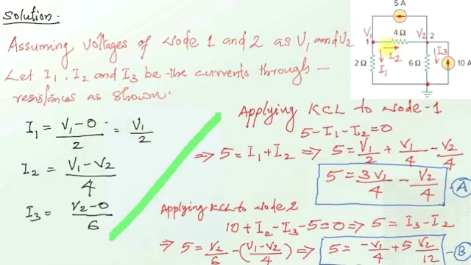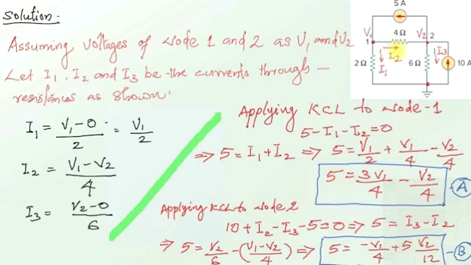Similarly, I2 is flowing from node 1 to node 2. So I2 is given by the potential of this point, that is V1, minus the potential of this point, V2, divided by the resistance in between. We have taken it as V1 minus V2 because current is flowing from a higher potential to a lower potential, with respect to this assumed direction of current.